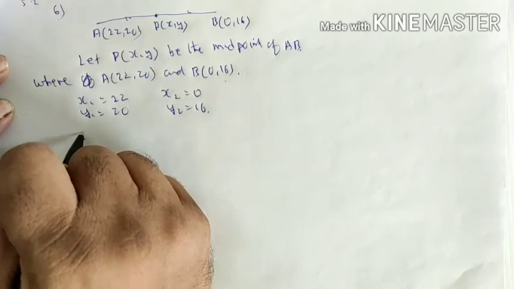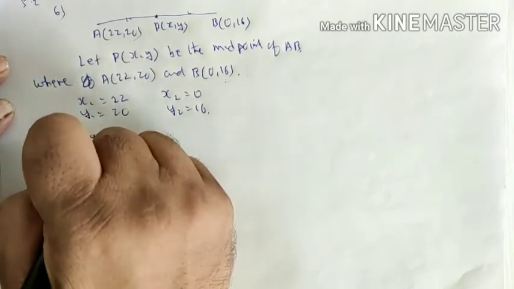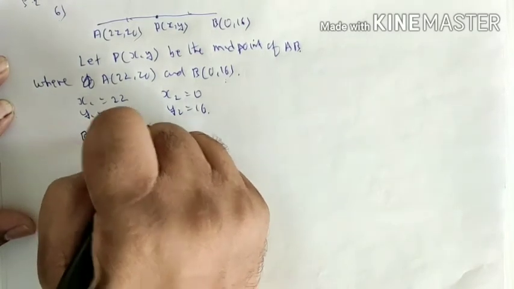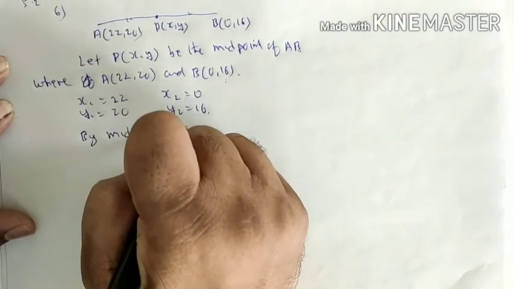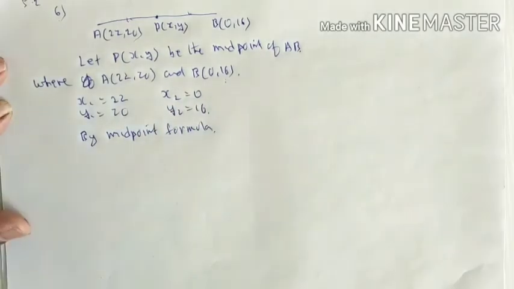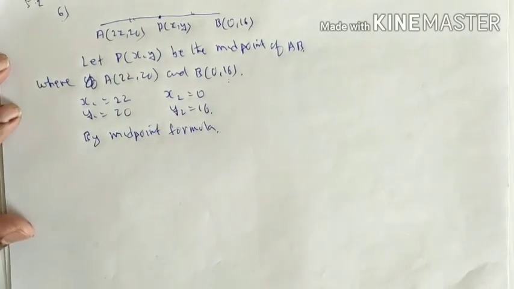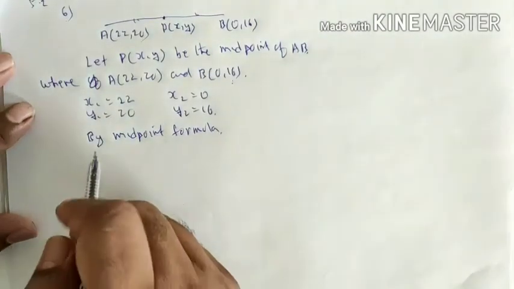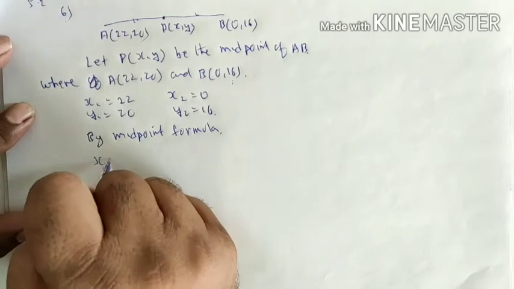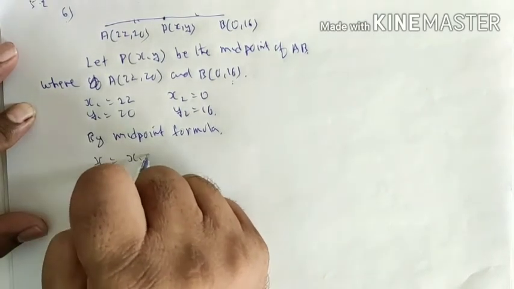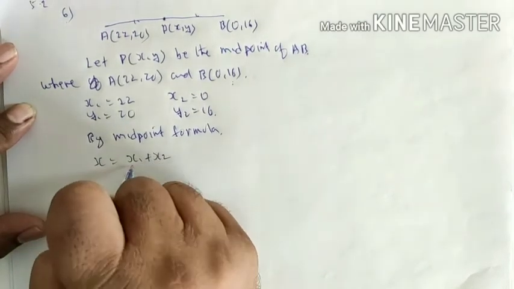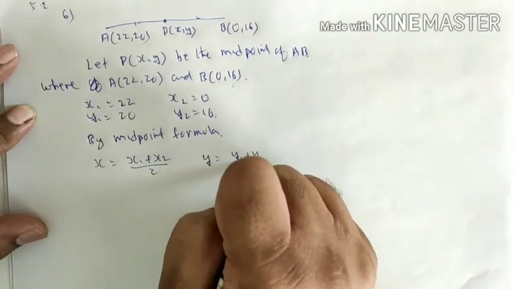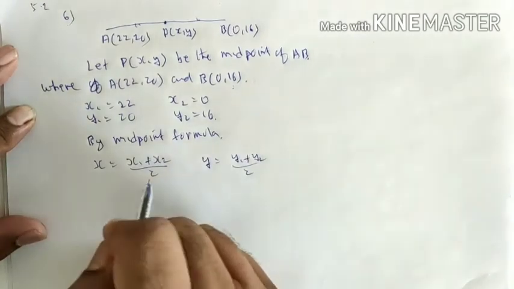So we shall apply here the midpoint formula. By midpoint formula, x is equal to (x1 plus x2) upon 2 and y is equal to (y1 plus y2) upon 2.